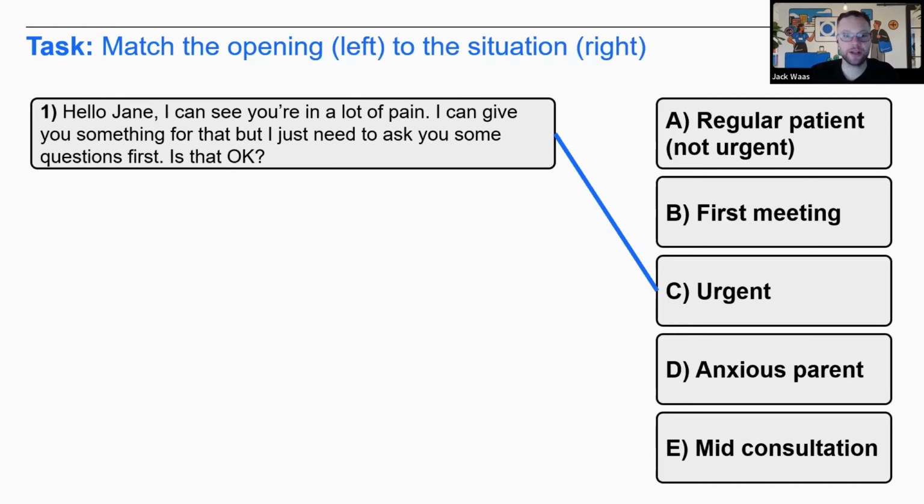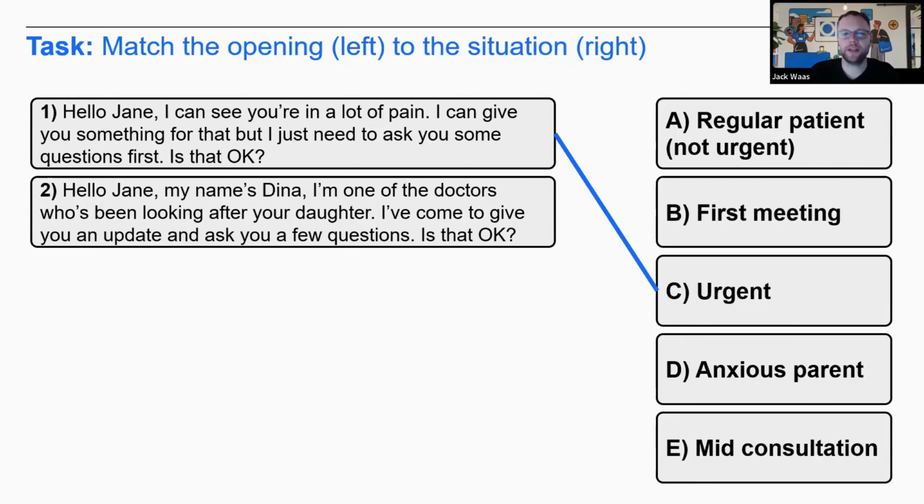They're talking about they're in a lot of pain. They want to get things going. So this would be what we consider an urgent situation. Okay, letter C.